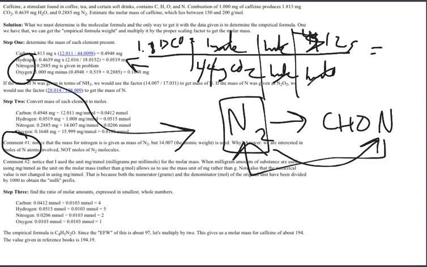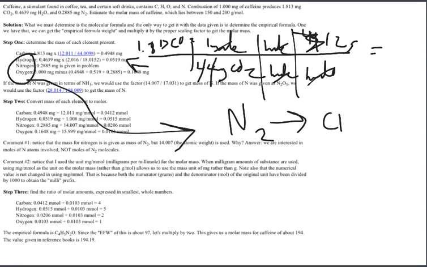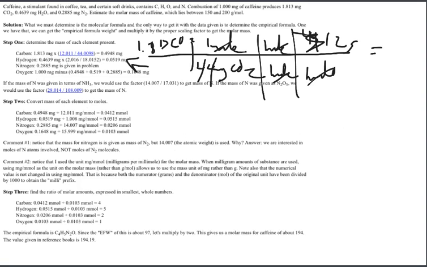Read this comment here. If you read comment number 1 right here, it says, notice that the mass of nitrogen is given as the mass of N2, but 14.007, which is the atomic weight of just N, is used. All right, so why?